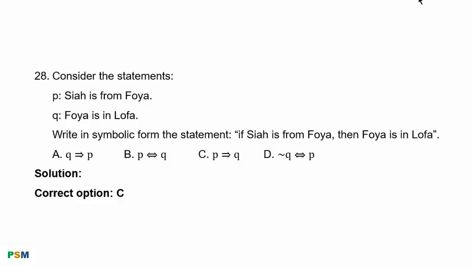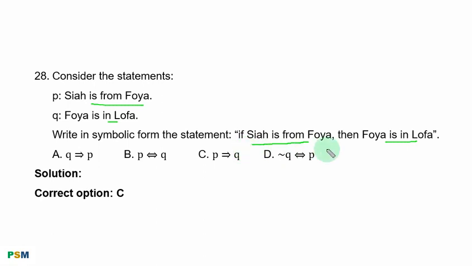Example 28. Consider the statements. P. Sia is from Foya. Q. Foya is in Lofa. Write in symbolic form the statement: If Sia is from Foya, then Foya is in Lofa.